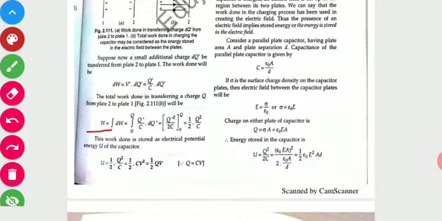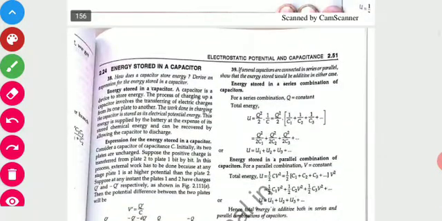We integrate dW with limits 0 to Q. After solving we get the expression 1 by 2 Q square upon C, or we can say half CV square, or half QV. By putting the values we can have three expressions. So this is the potential energy stored in the capacitor.